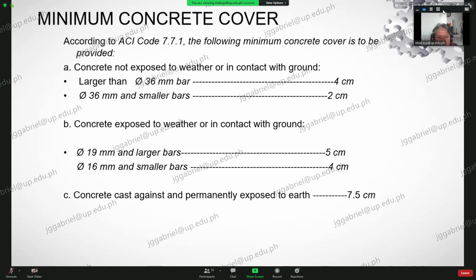Concrete exposed to weather or in contact with ground, particularly foundations or tie beams. Anyway, this is a general provision for all reinforced concrete elements, not only for the slab. So, where will the slab fall here? In letter A.